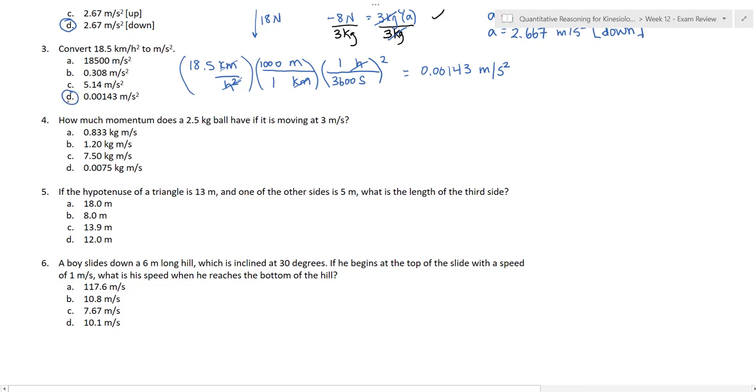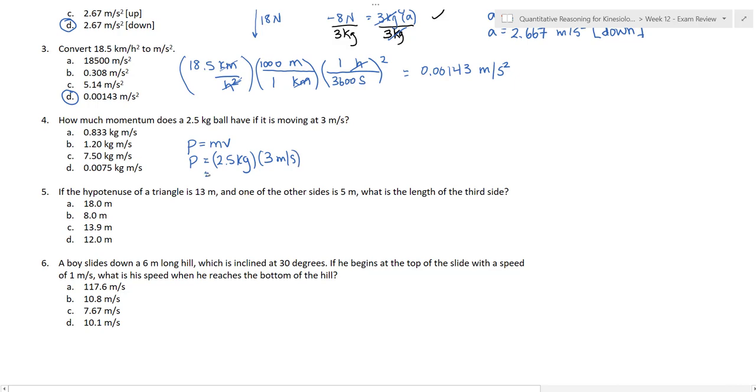All right, question 4. How much momentum does a 2.5 kilogram ball have if it is moving at 3 meters per second? All right, so momentum is equal to mass times velocity. As long as everything is in SI units, we can just plug everything in. So our mass is 2.5 kilograms, and our velocity is 3 meters per second.